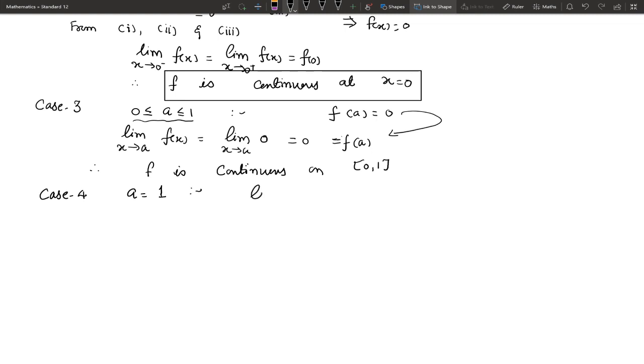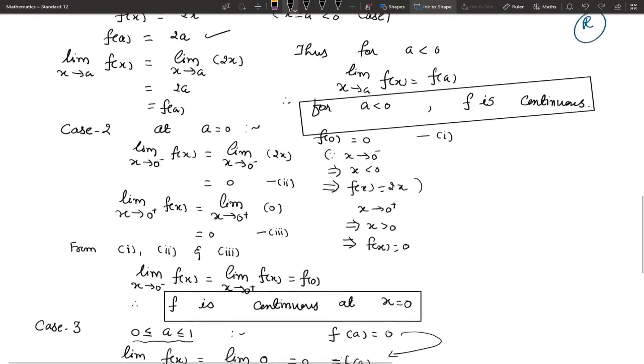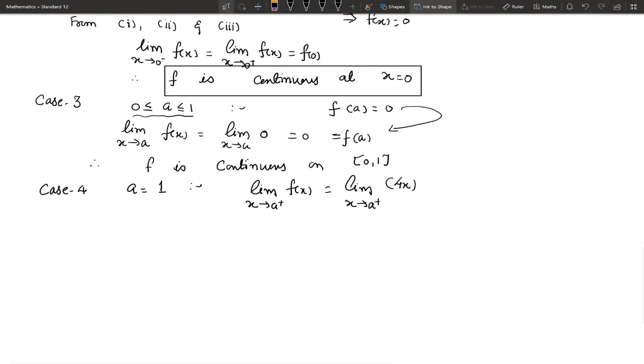Limit x tends to a plus, the right hand limit: for x greater than 1, the value of the function is 4x. You check the definition. So 4x, now put x equal to 1, we get 4.